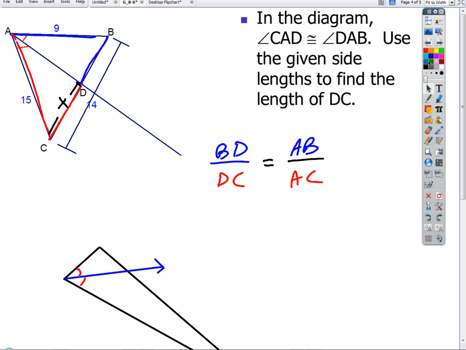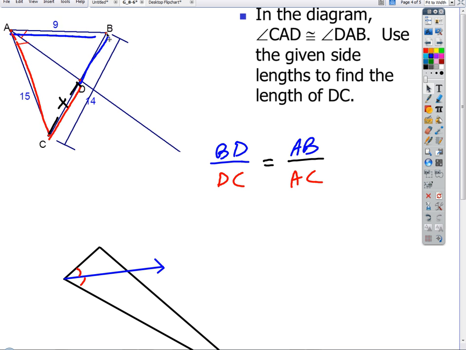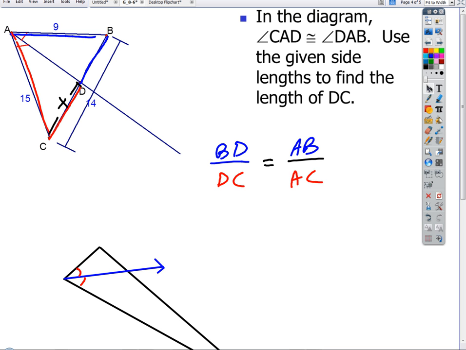Because if the whole thing's 14, and I take away x of that to get the length of BD, that's just 14 minus x. Tricky. Good. So this part right here we can just call 14 minus x.